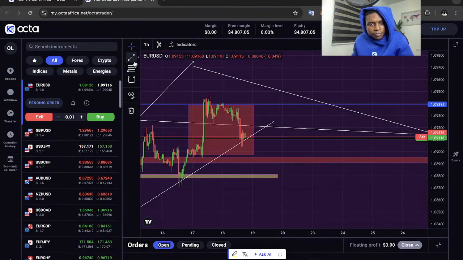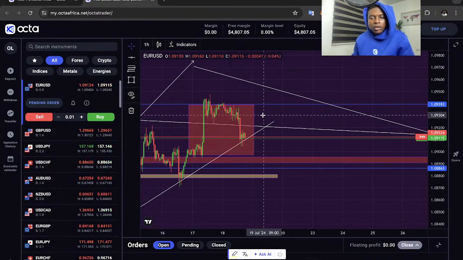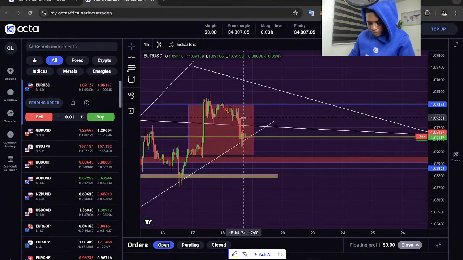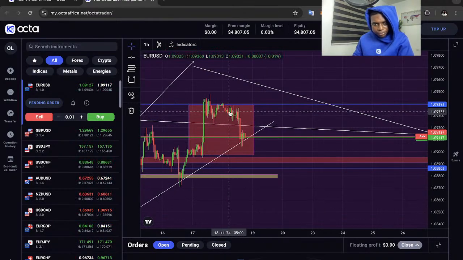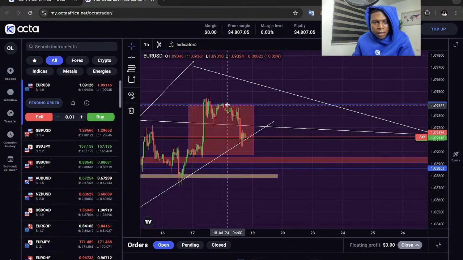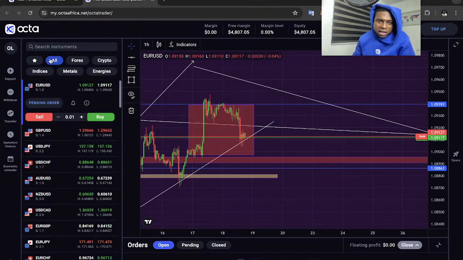So here I want to take a trade. I want to set our trade. Now, when we come to this asset class here, you can see that we have varieties of options, but we are focused on forex. However, there is an opportunity for you to star your preferred assets.